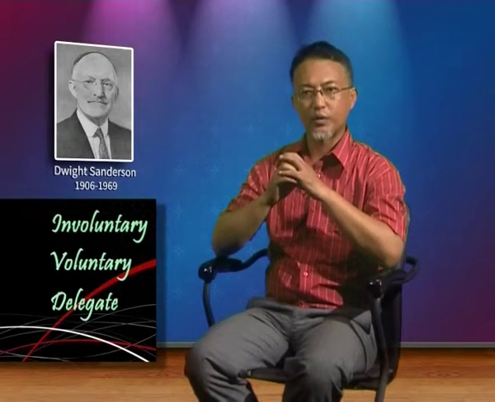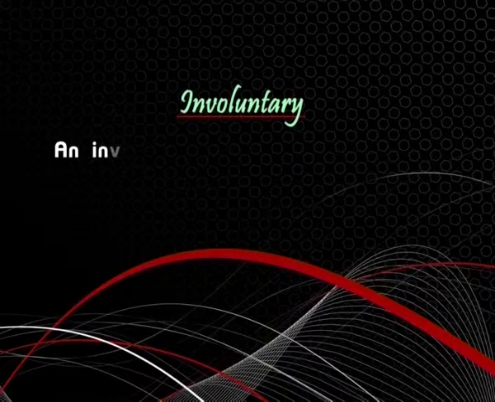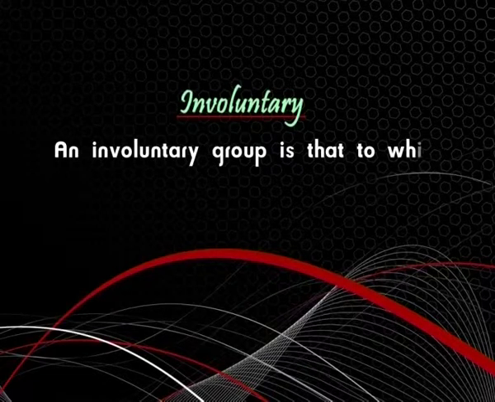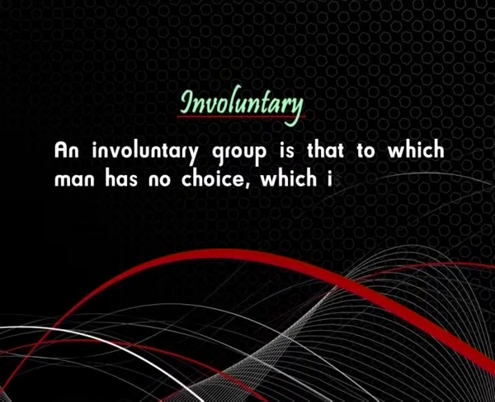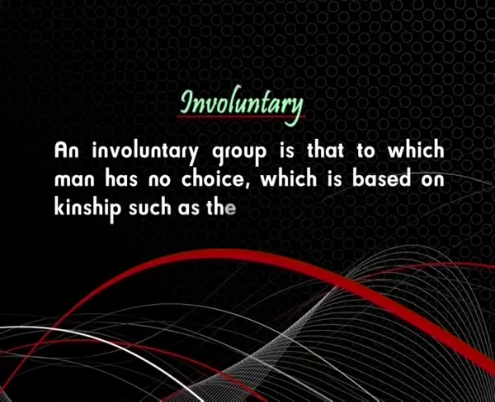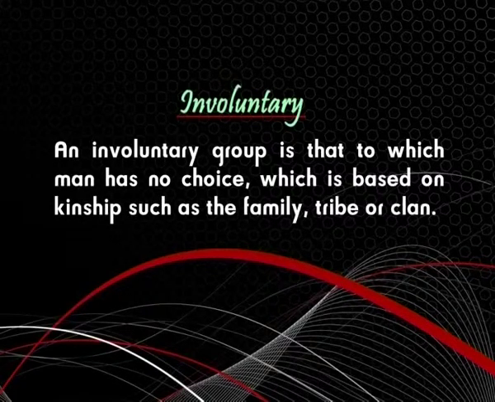Dwight Sanderson has classified groups into three types on the basis of structure such as involuntary, voluntary and delegate groups. An involuntary group is that to which man has no choice, which is based on kinship such as the family, tribe or clan.